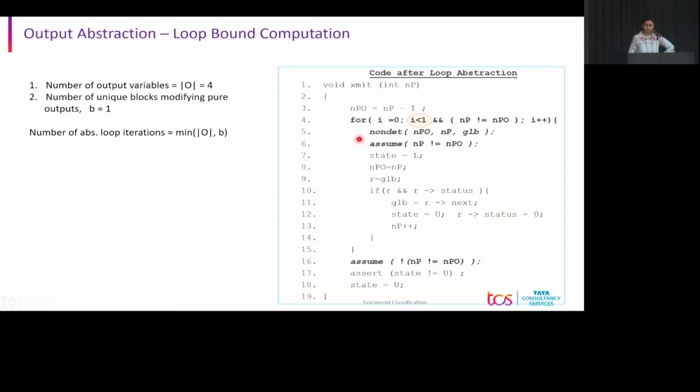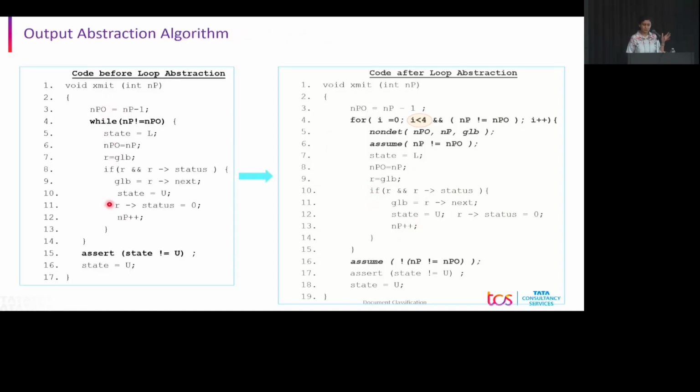So actually the number of abstract iterations needed is the minimum of the number of output variables or the number of blocks which are modifying pure output variables. If there is this loop, we want to allow abstract iterations in the abstraction which can execute blocks that assign to pure output variables.